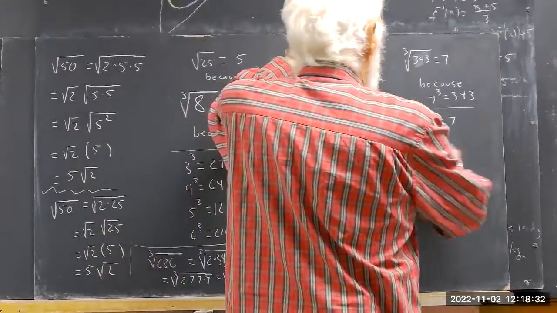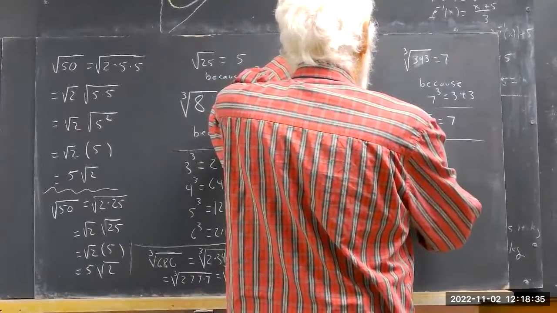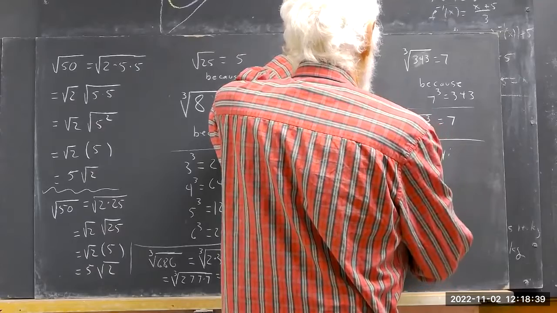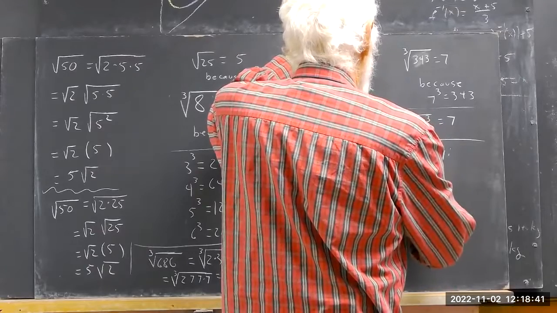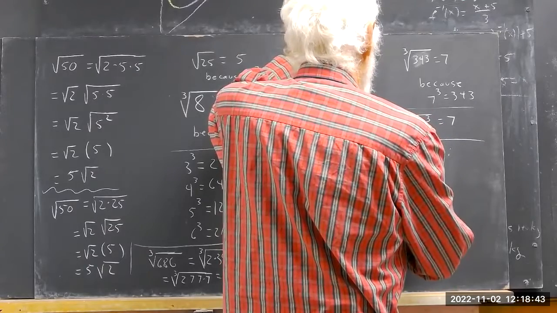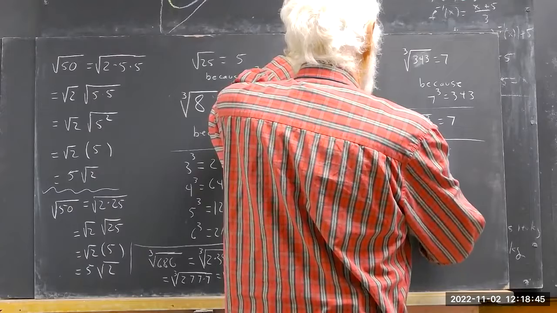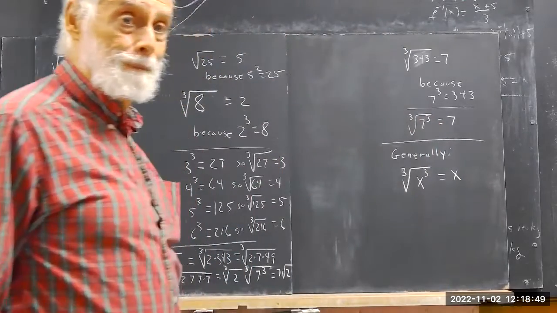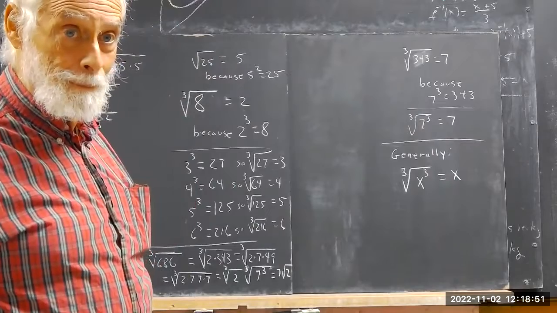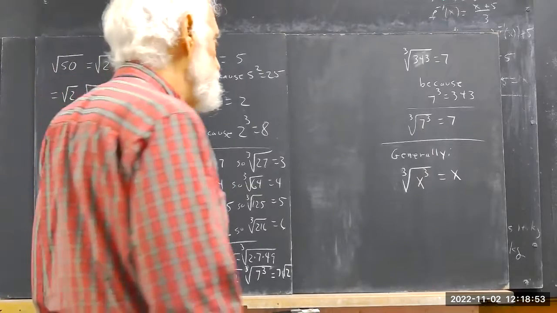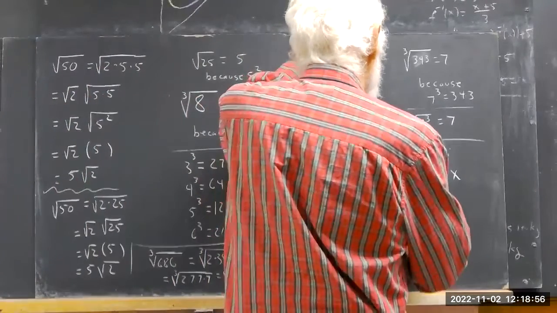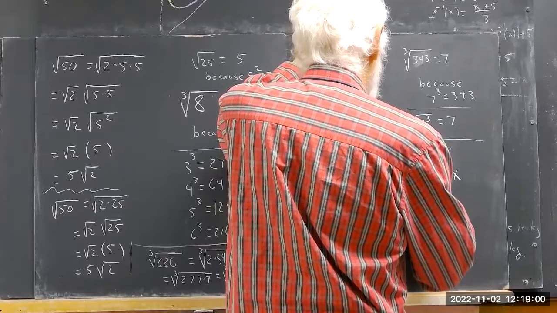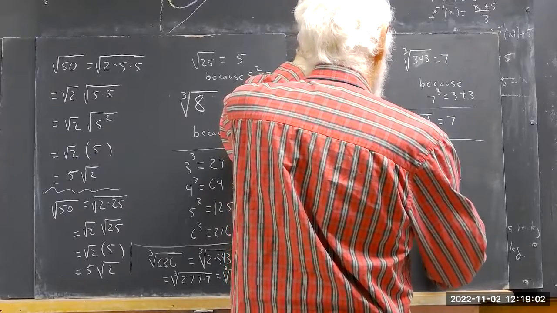So generally, the cube root of x cubed is x. What would the cube root of x to the sixth be?